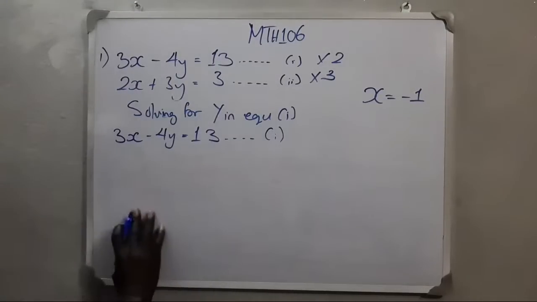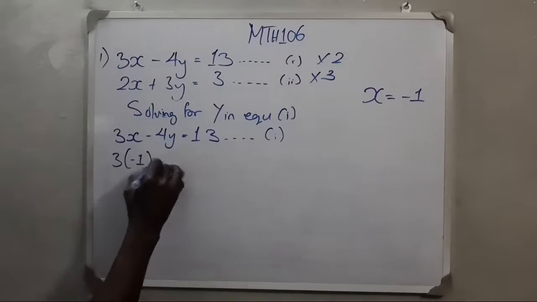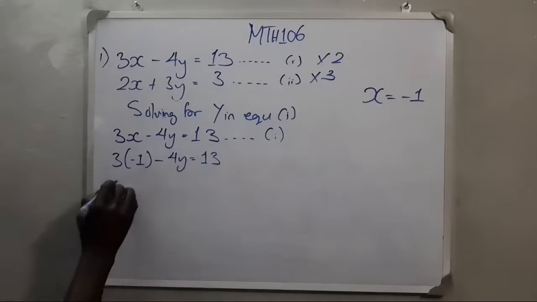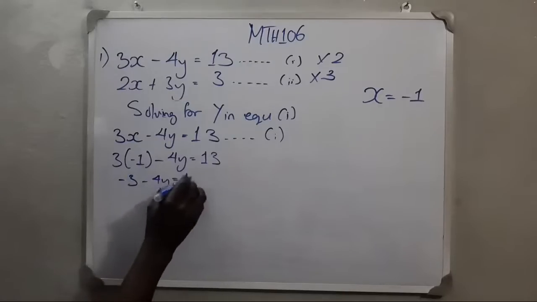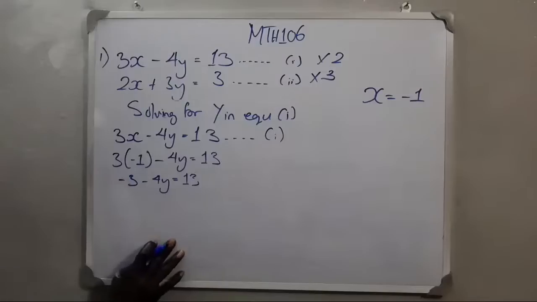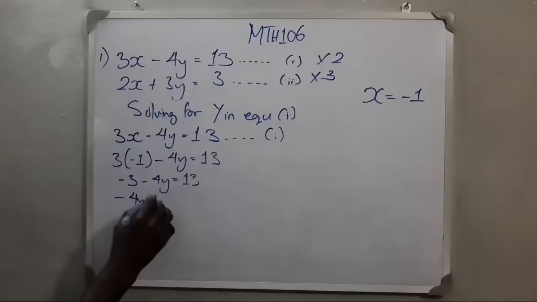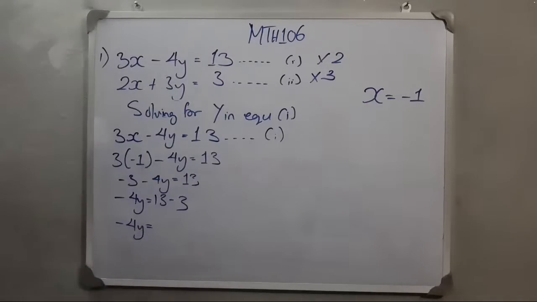Since we already have the value of x, which is minus 1, we have 3 times minus 1 minus 4y equals 13. So we can expand this. This is minus 3 minus 4y equals 13. So here now we can say minus 4y equals 13 plus 3. So from here we can say minus 4y equals, this should give us 10, if I'm not mistaken.